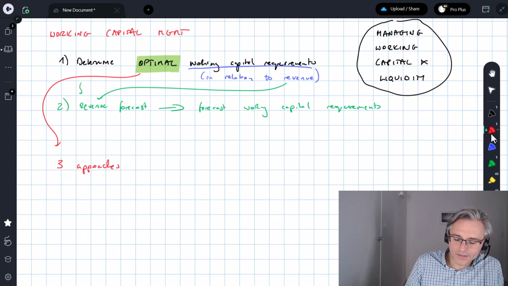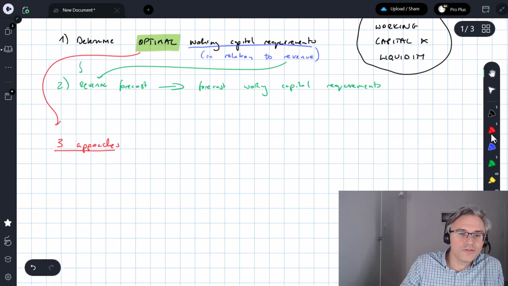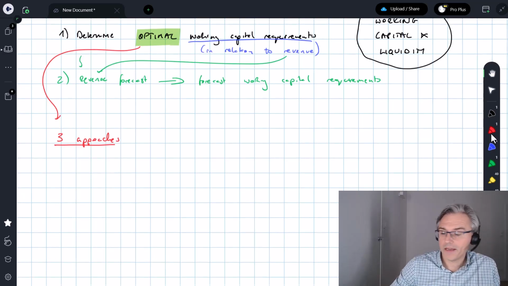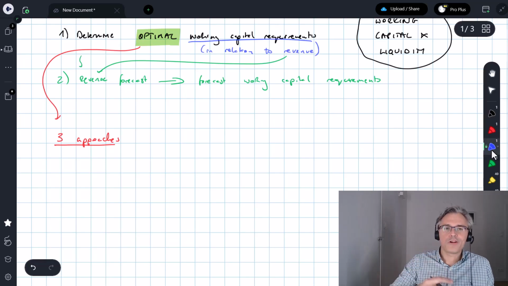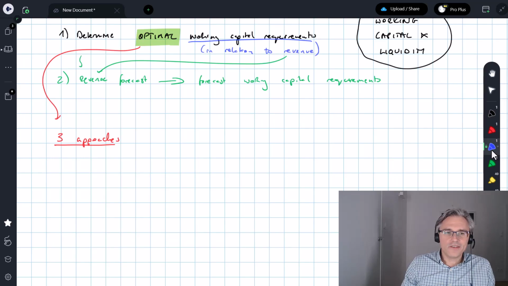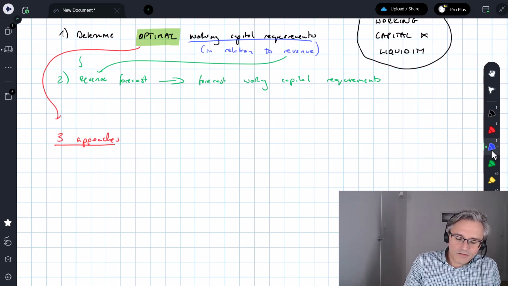And you should know them. You should know what they're about, but also what pros and cons they've got, although the pros and cons, the advantages and disadvantages, are pretty straightforward. So the first of these approaches is what's known as the conservative approach to working capital management.